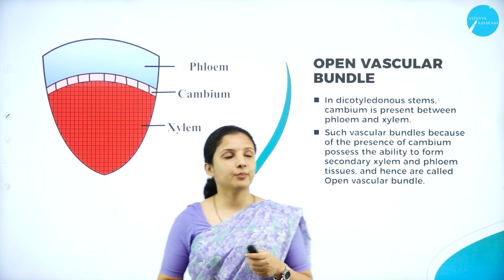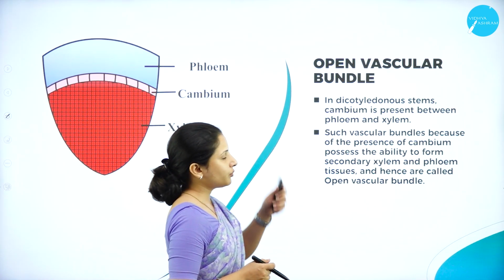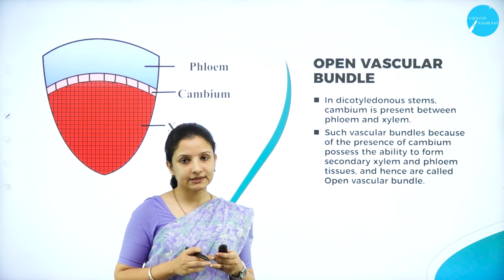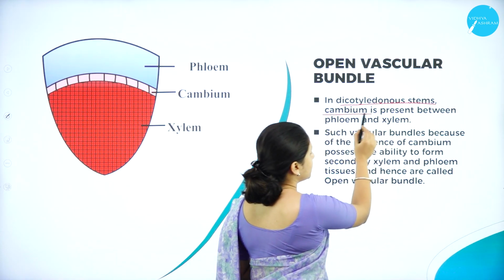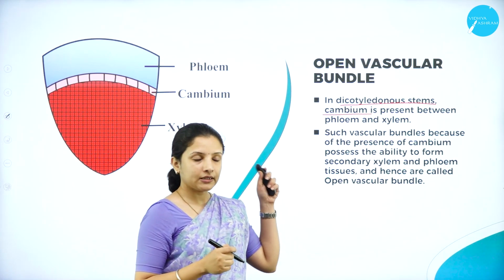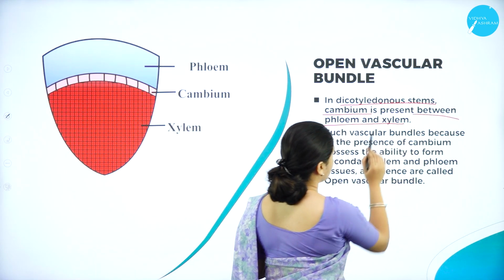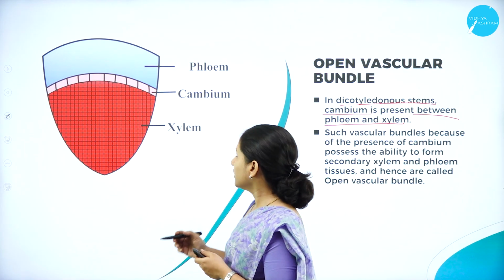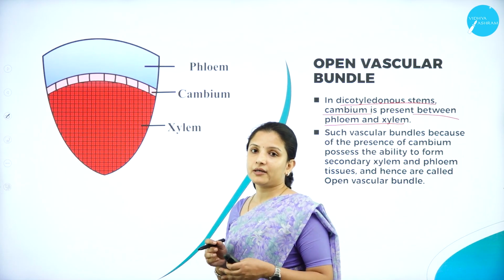So first, talking about the open vascular bundle. Open vascular bundle is usually seen in the dicotyledonous stem, wherein the cambium is present between the xylem and the phloem. So as you can see here, this is the vascular bundle. So as I told you, what is a vascular bundle made up of?